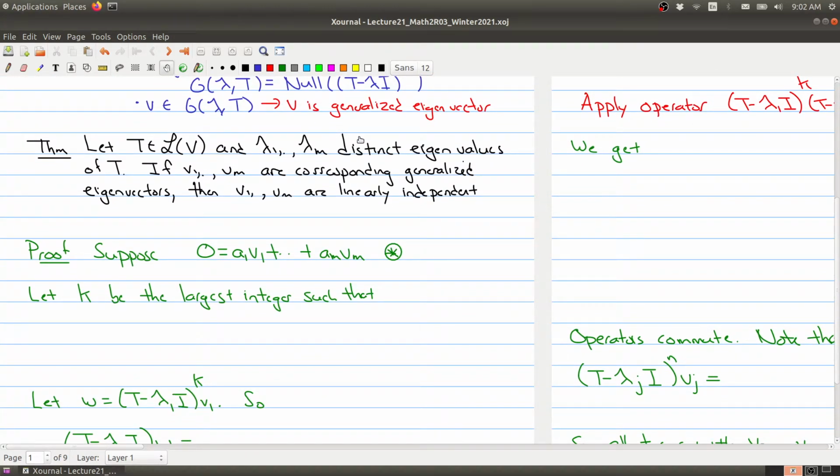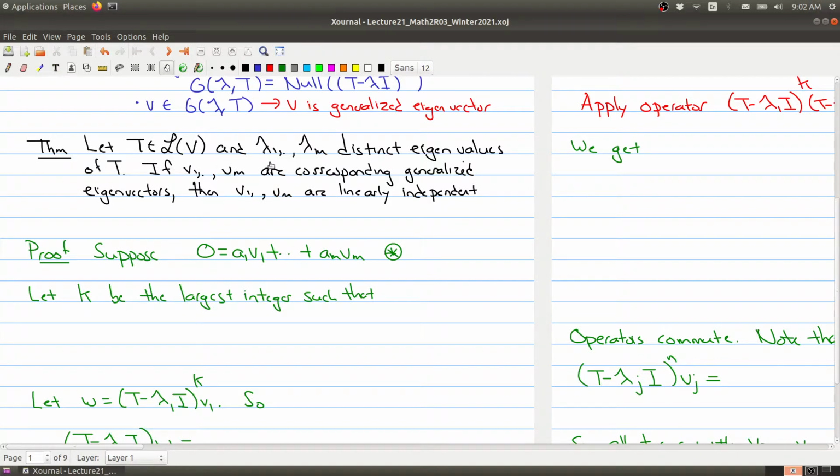One of the important results we know about eigenvectors is that if you look at distinct eigenvalues and their corresponding eigenvectors, then they're linearly independent. It turns out the statement is still true for generalized eigenvectors.